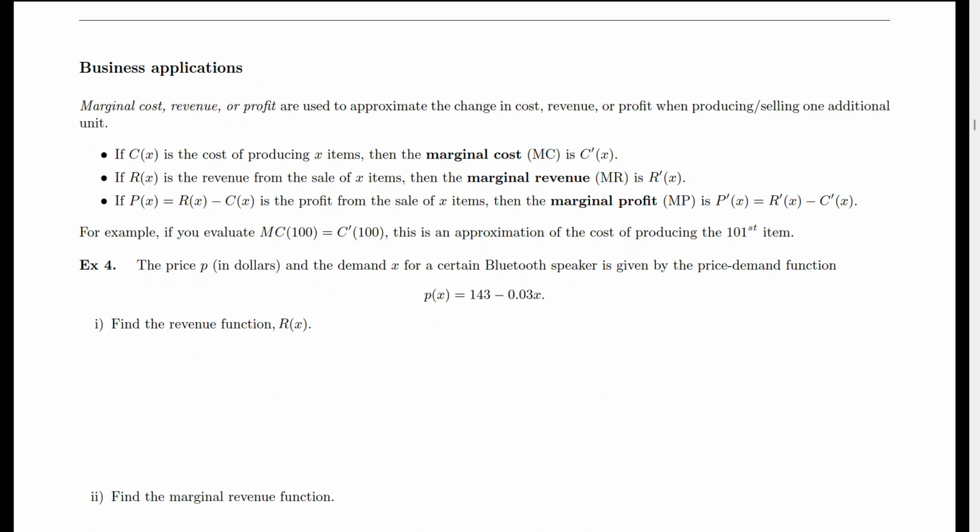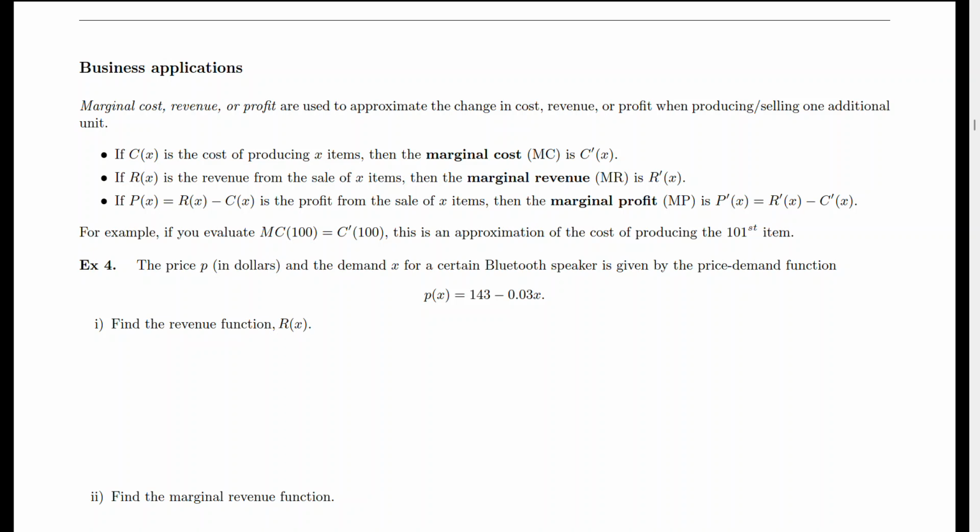And what these are, are just the derivatives of the cost, revenue, and profit, respectively. So marginal cost is the derivative of cost. Marginal revenue is the derivative of the revenue equation. And marginal profit is the derivative of the profit equation.